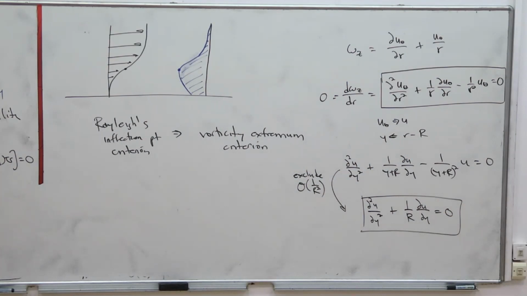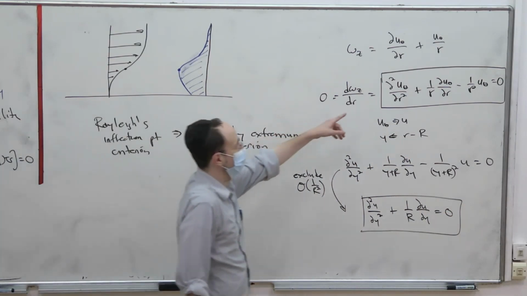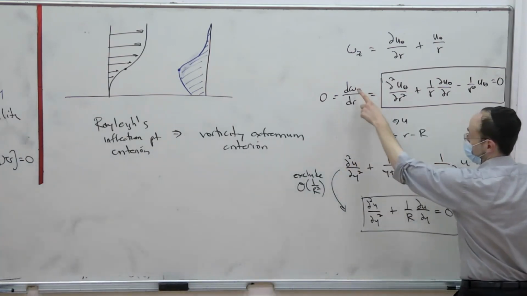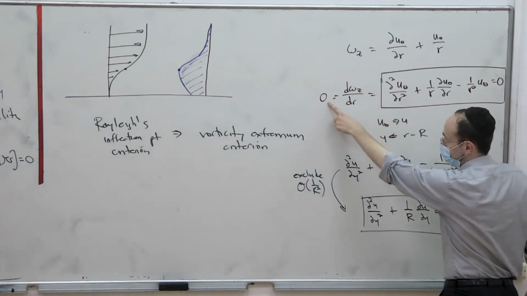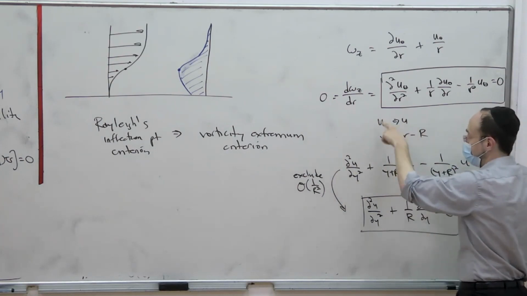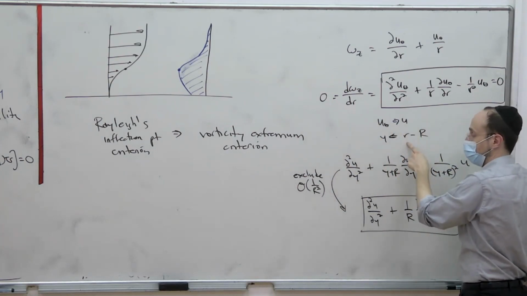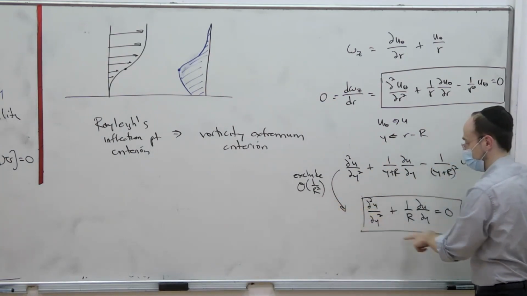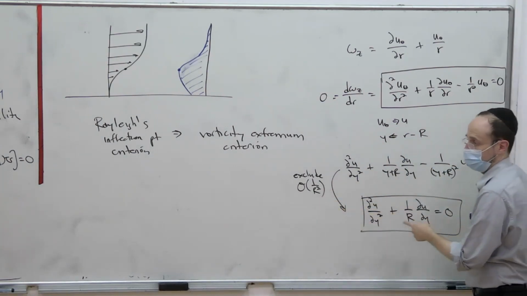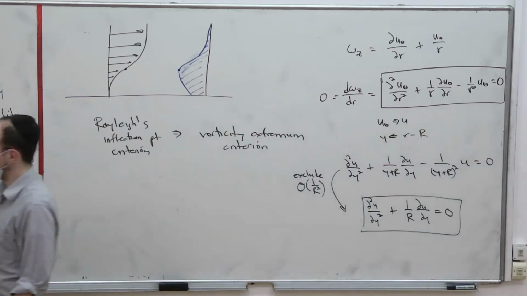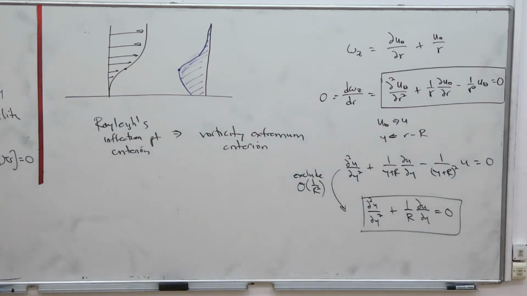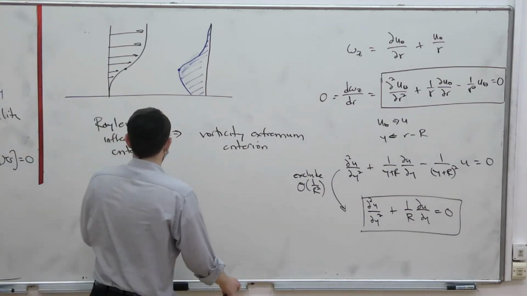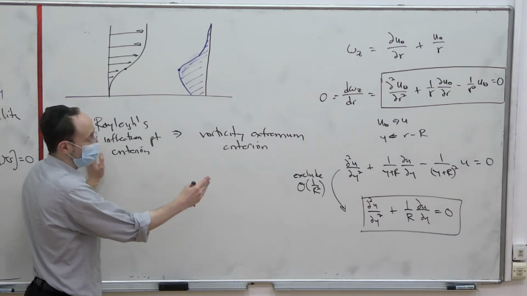So we can see that where the vorticity maximum occurs, where the derivative of vorticity with respect to r equals 0, in the quasi-Cartesian coordinate system, at the same level of approximation in terms of the curvature, gives us this expression, which is exactly the same expression that we derived from our integral. Okay, so just a double check. Obviously for the flat plate, it's very easy.